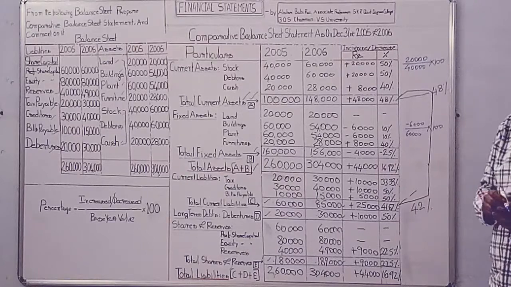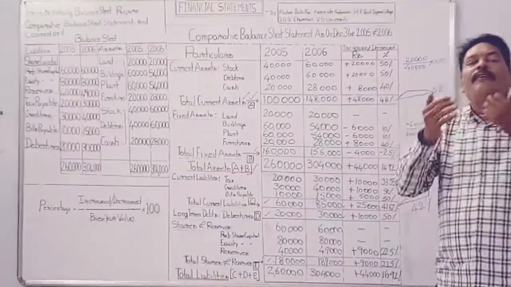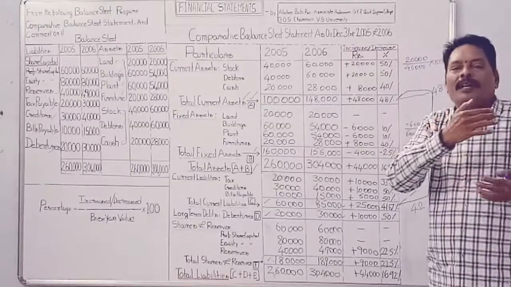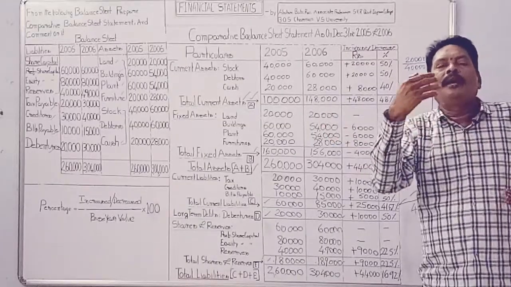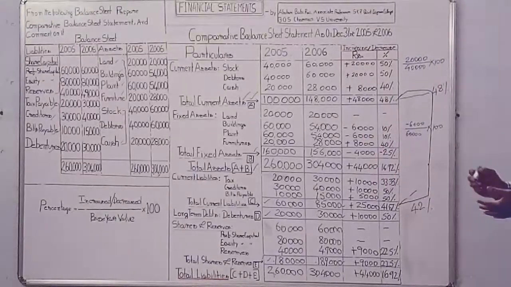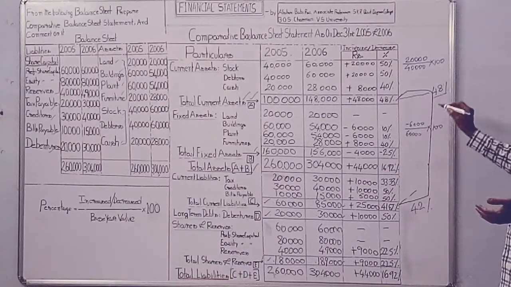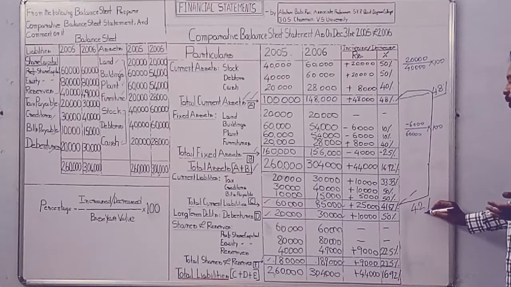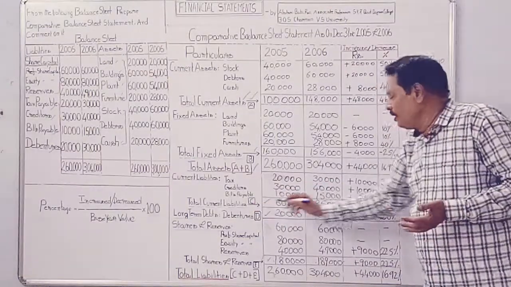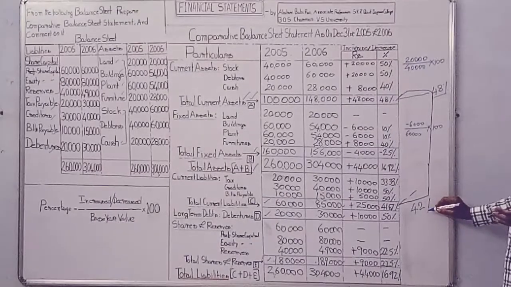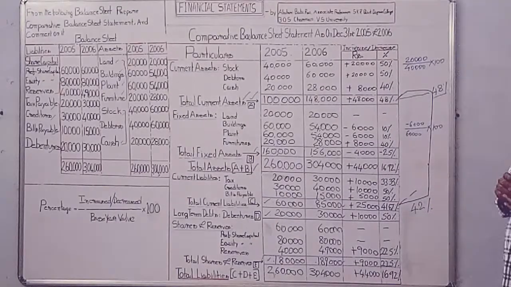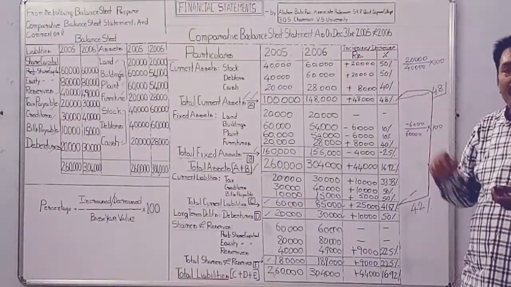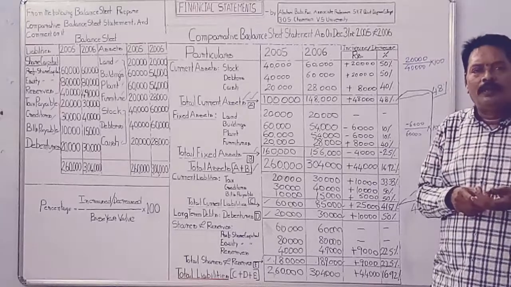This indicates the firm is in a very good position to repay the current liabilities within a period, because the firm has 48% current assets, whereas only 42% for current liabilities. If you pay the entire current liabilities, the company will still have 6% of assets. There is no problem.